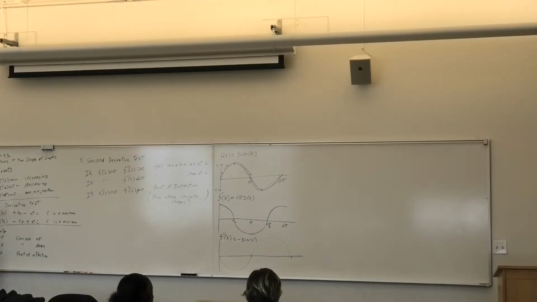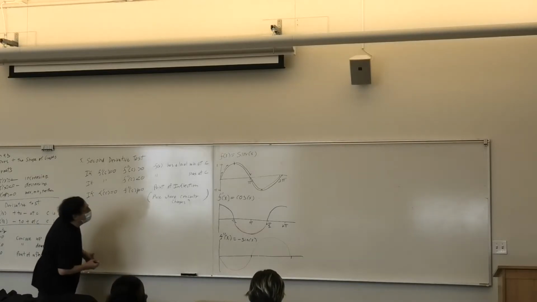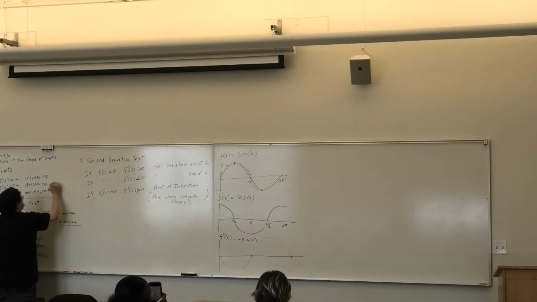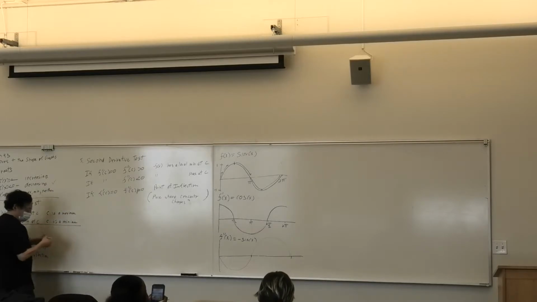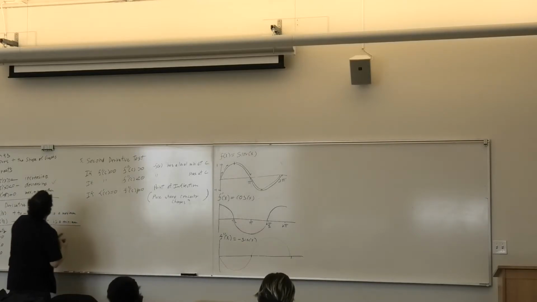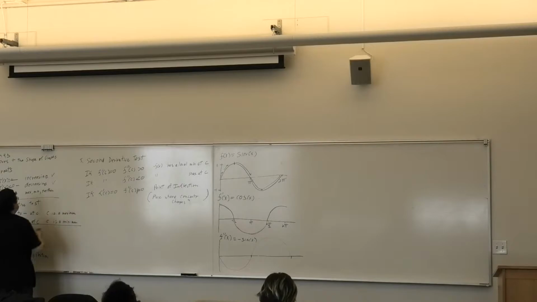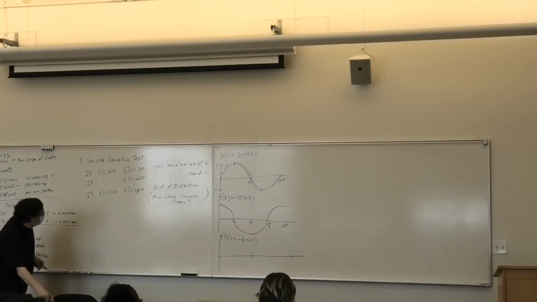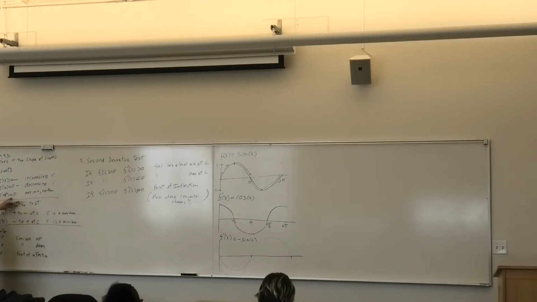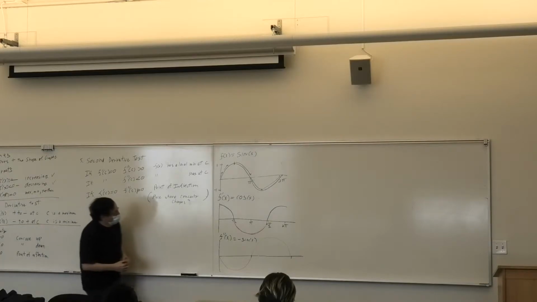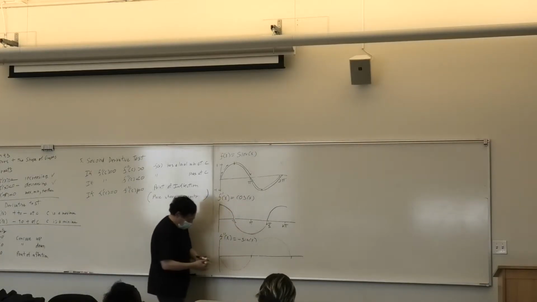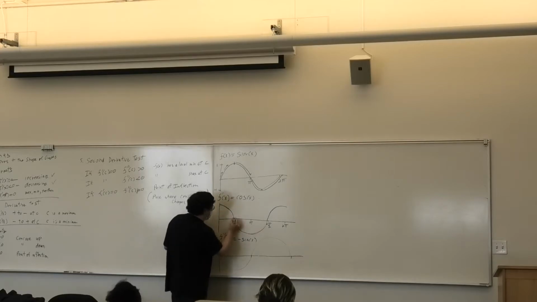Now, let's look at, I'm going to color code this here. This is red. This is blue. Let's take a look where the derivative is 0. Well, that's this point over here.